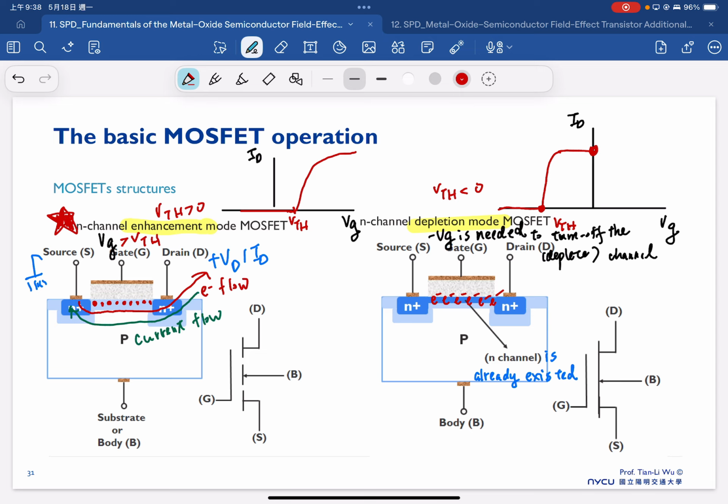We need to apply a negative bias, and sometimes this becomes a little more complicated for the circuit design, and also with regard to power consumption. So we normally prefer an enhancement mode where our threshold voltage is larger than 0 volt, which means at VG equal to 0 volt, we don't have any current flow, and the device is completely off. That's good for lower leakage current and reduced power consumption.